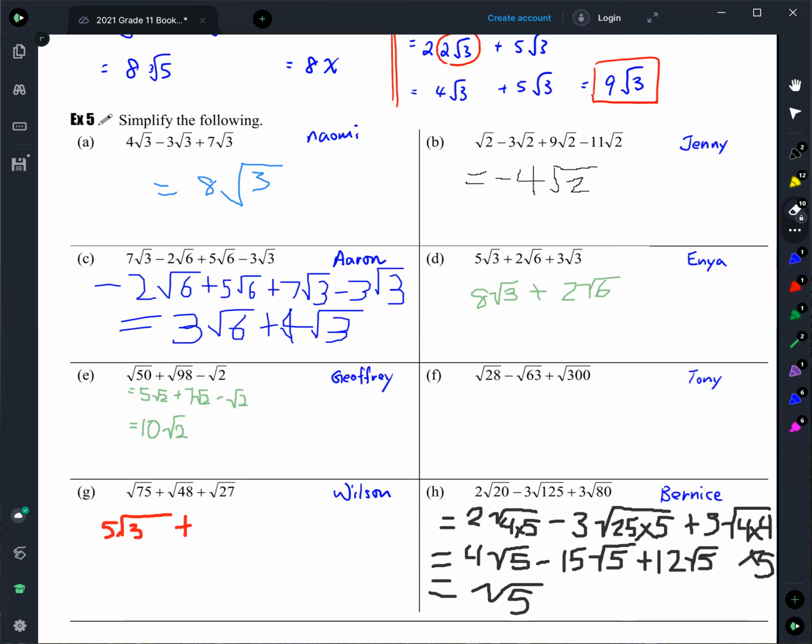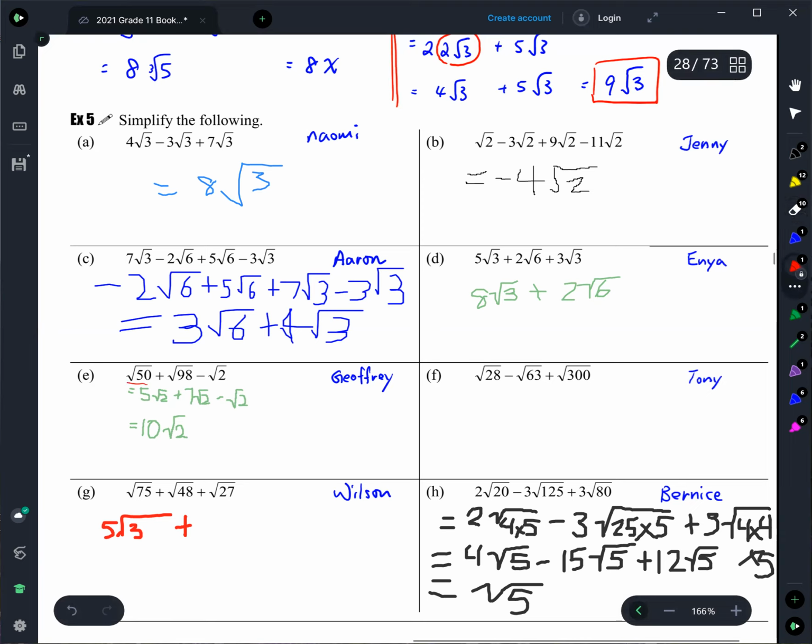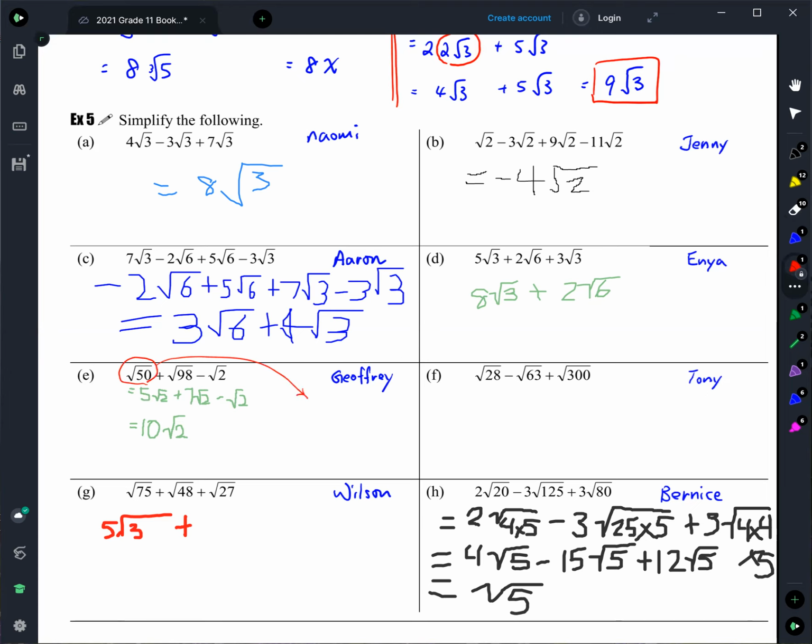Wait, how do you factor it down? Because I'm a little confused. You need to find a perfect square. So for example, if you look at question E, for the first number, square root 50, do you see the arrow I'm drawing? Okay.